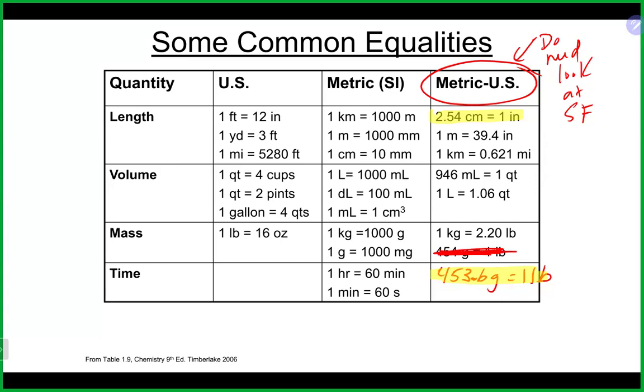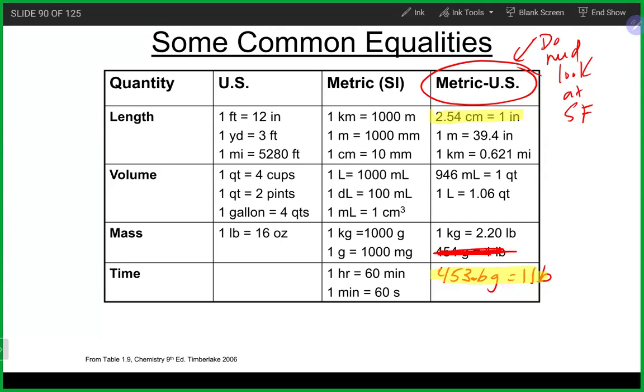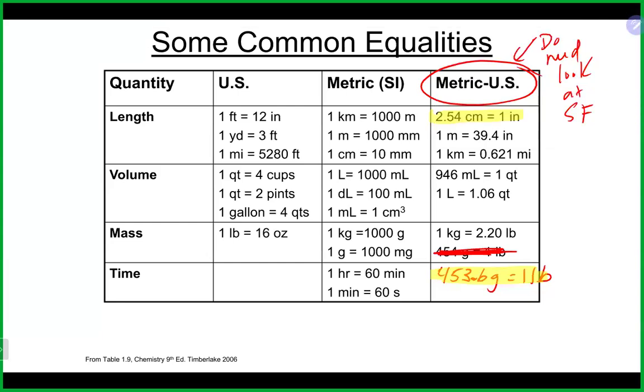So for example, if we pull out this one here, we'll take that one. And let's just say we had 4255 milliliters, and we want to know how many quarts that would be. So we would use this. This will give us two conversion factors, 946 milliliters over a quart.